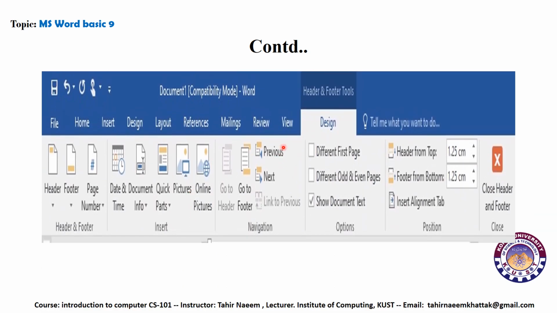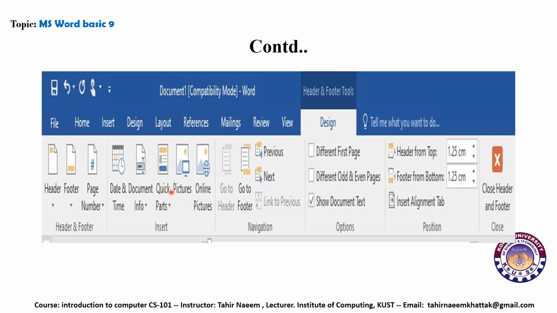So this is the design tab. So let's see what our design tab contains. It contains header, footer, page number, which we will discuss in later slides, and date and time, because when we click on it, the date and time appear on the document, because sometimes we need documents to contain the date and time of their making. Here we can also include document info.